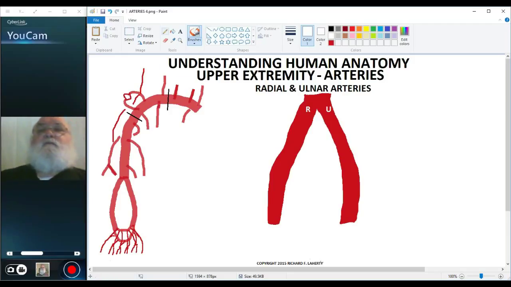First, let's look at the radial artery. And I say first because it's the one with the least number of branches, so it's a little bit easier to tackle.